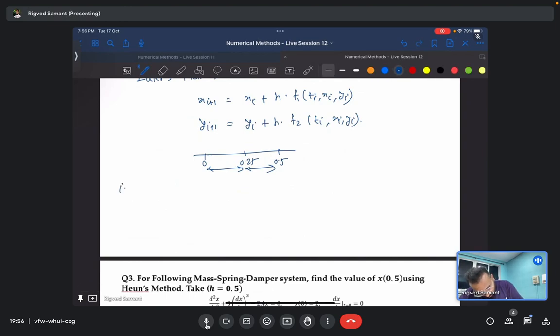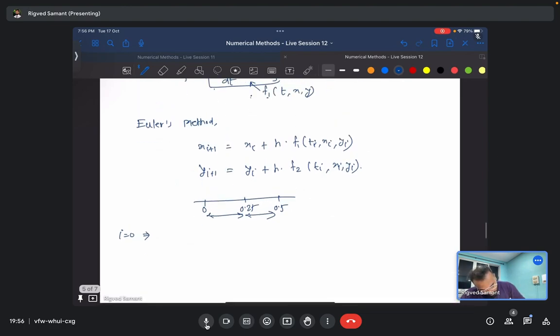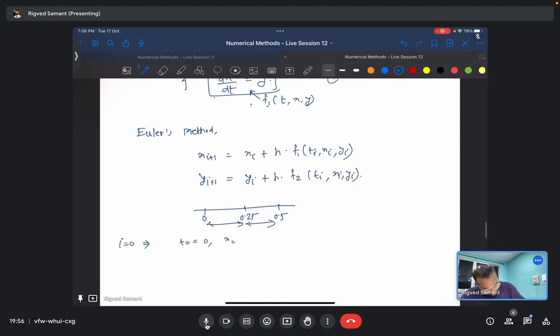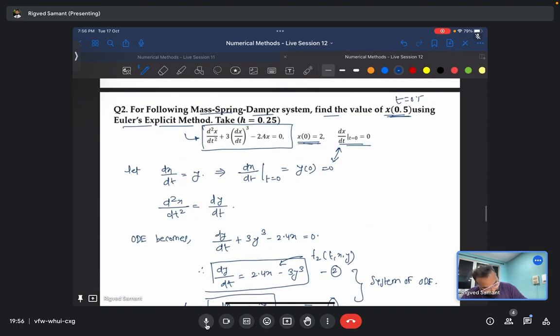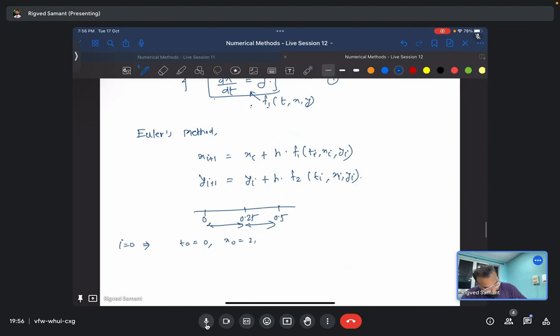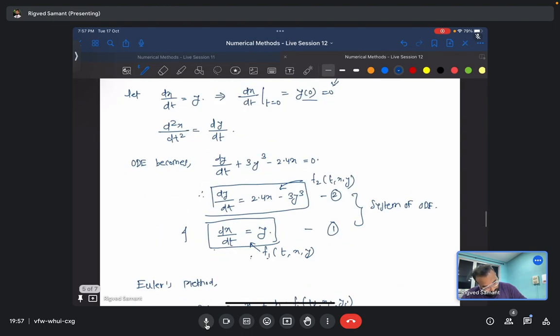So i is equal to 0. First we'll write t0 is equal to 0. x0, that is x of 0, is what? x of 0 is 2, and y of 0 is 0, right?